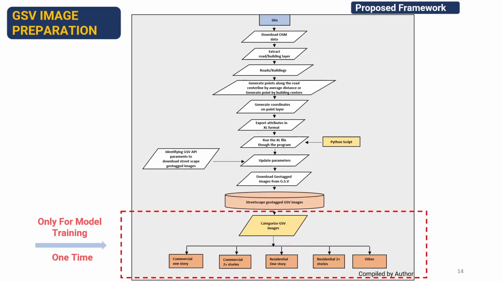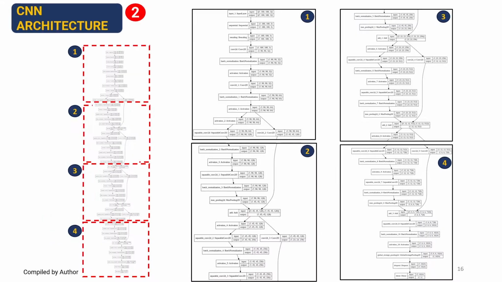Okay, this is the model train process. Since I have already trained this model, I am not going to detail this. This is the neural network architecture that I developed. Okay, so let's jump into the practical session.